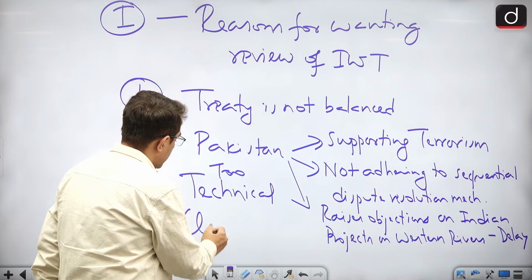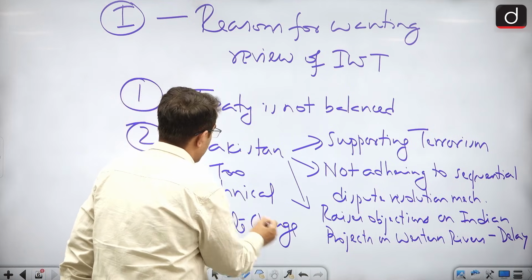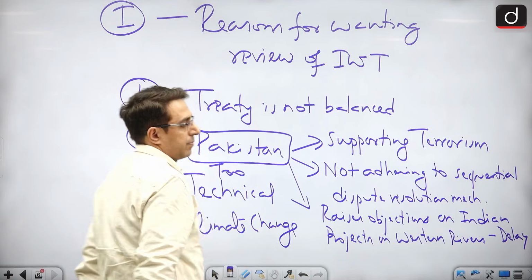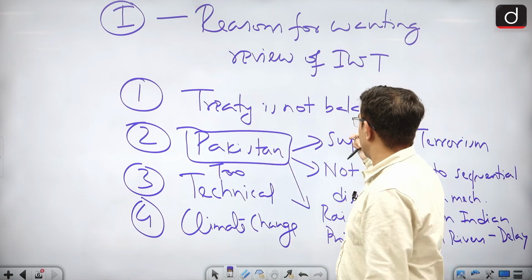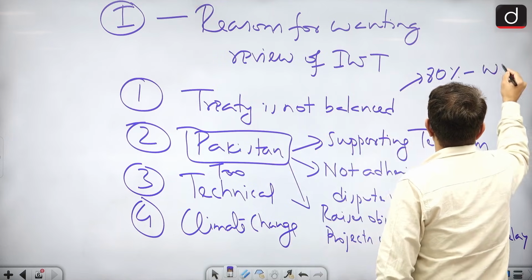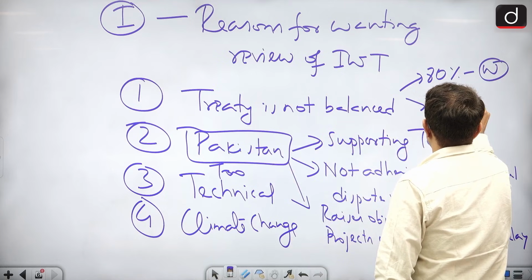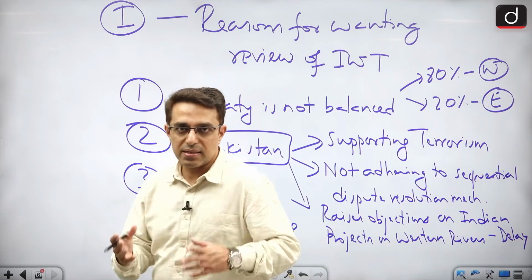So climate change can be another factor which we can write, but mainly because of Pakistan's attitude and also the unbalanced nature, where 80% flow is in western rivers and only 20% flow in eastern rivers. So this is also a serious concern.